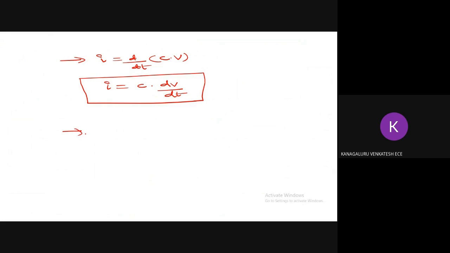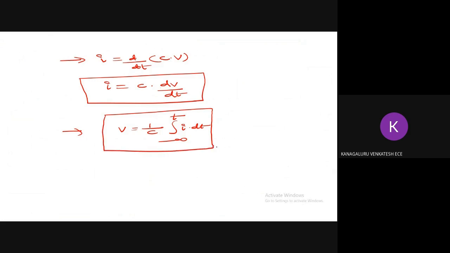From here, I can find the voltage across a capacitor. Just apply integration on both sides. Therefore, I get V as 1 by C integral from minus infinity to t of I dt. Here the limits are taken from minus infinity to t because a property of the capacitor is that it is able to store energy.